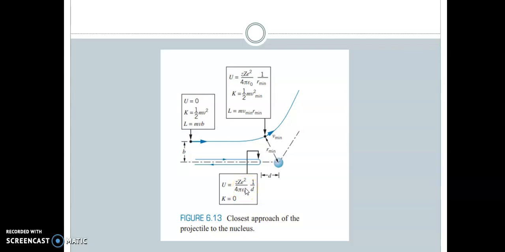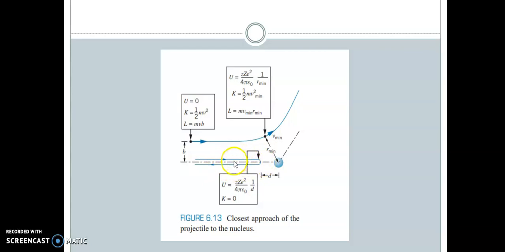Okay, so here the alpha particle or the projectile is directed straight towards the nucleus with an initial kinetic energy k. So as the projectile approaches the nucleus, its kinetic energy decreases and the potential energy increases. So at the distance equal to the distance of closest approach, kinetic energy becomes 0 and the particle stops and it cannot go closer to the nucleus.